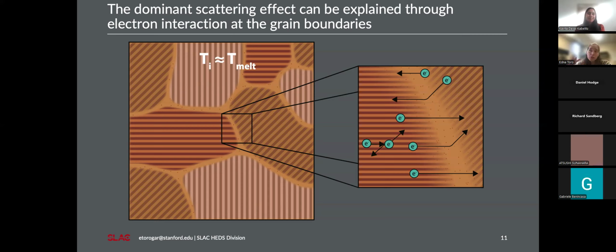The way in which we are doing the predictions is we are doing a two-temperature model coupled with molecular dynamics. So as I mentioned, one of the limitations that we have is that many of the things that we are using to do these predictions are models. And this doesn't necessarily mean that this is a bad way to do the predictions, but we could potentially improve by doing all of these analyses.